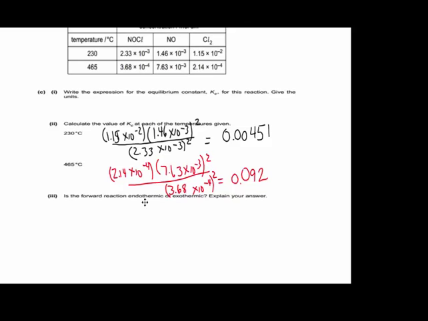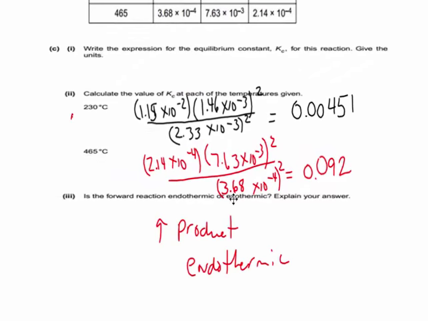Now the question is, part 3, is the reaction endothermic or exothermic? All right, so the way to explain part 3 is that here you're seeing a Kc increase. As I increase the temperature, my Kc is increasing. That means I'm getting more product formation for my reaction.